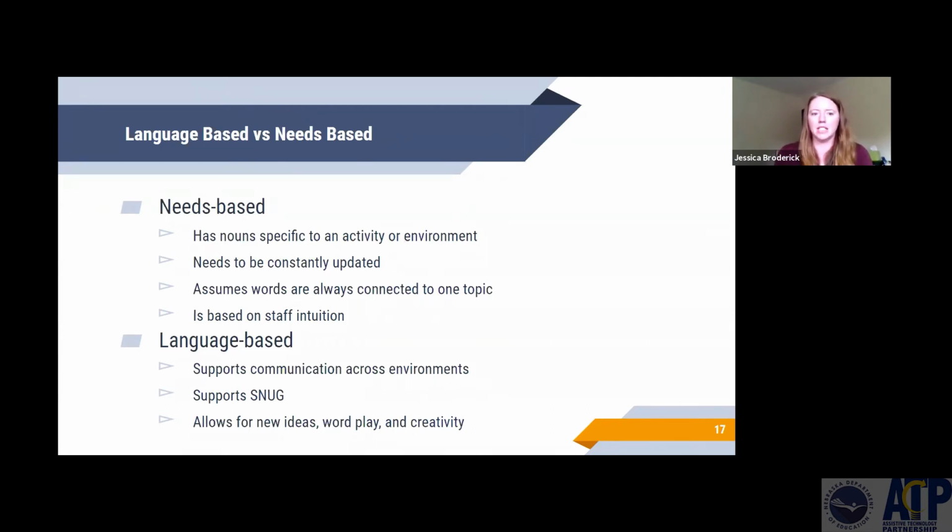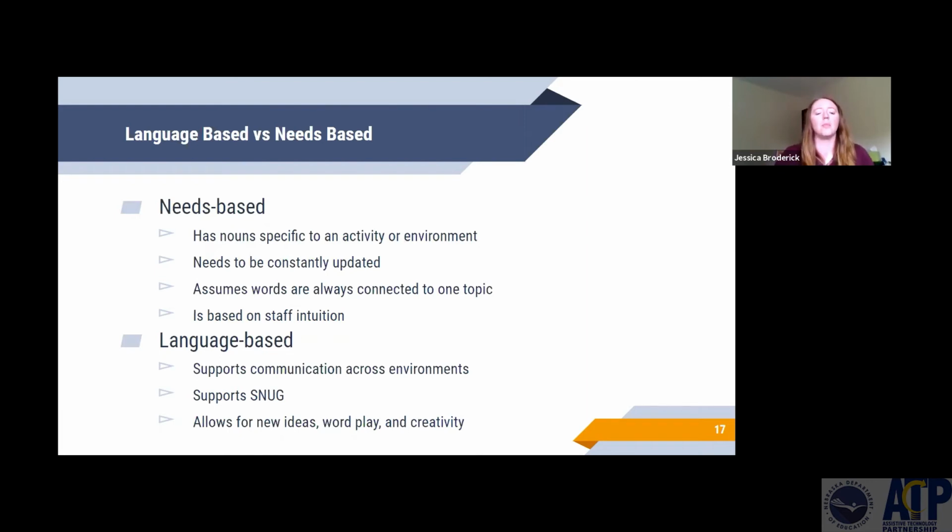It's based on our intuition about the vocabulary that kid might need in art, when there are 100 different things our typically developing students could be talking about. They might be talking about the football game last night in art class, and all our student on the AAC device has is paintbrushes and markers and stuff.